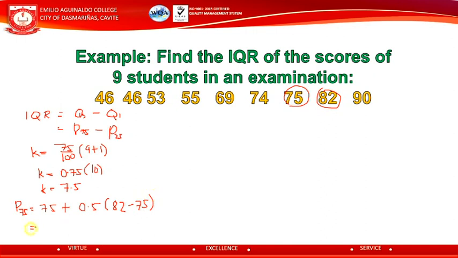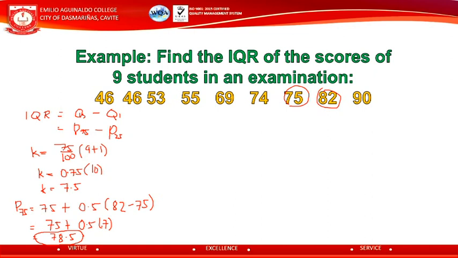Now we have 75 plus 0.5 multiplied by 7, and this will give us 3.5. If we add this all together, we will obtain 78.5. This will be our third quartile.